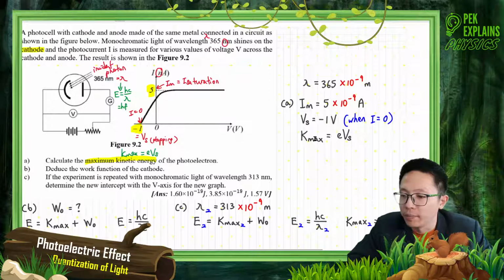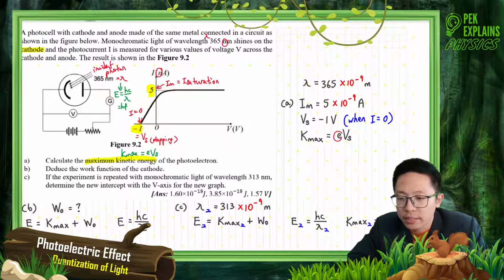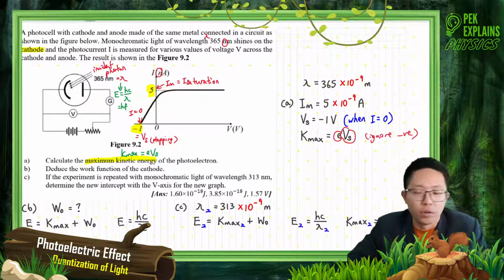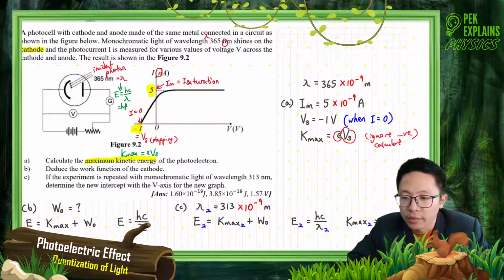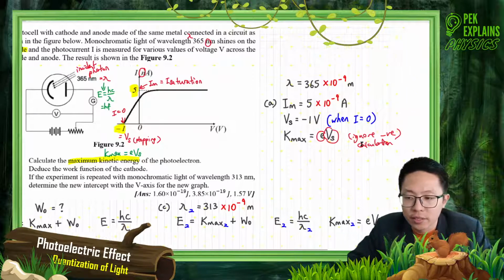Remember, just ignore the negative sign during calculation only. But when asked for the final answer, the stopping voltage, you need to put the negative sign.